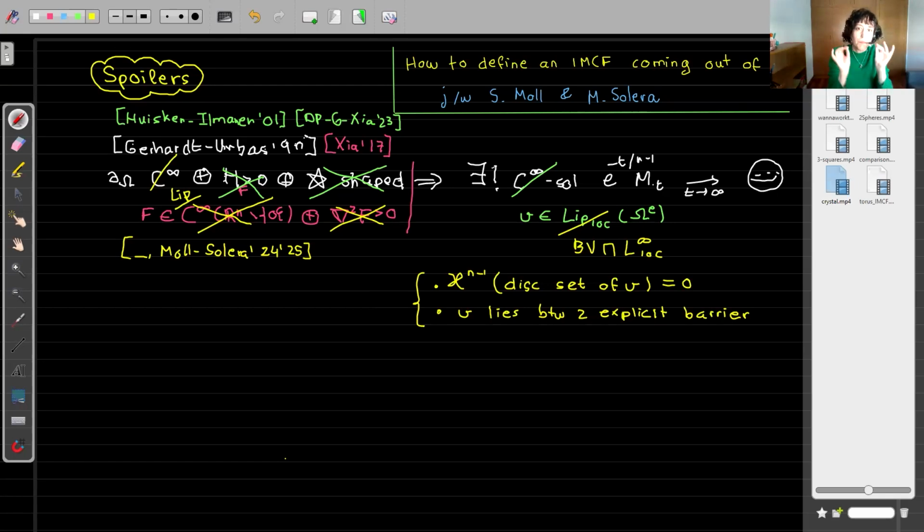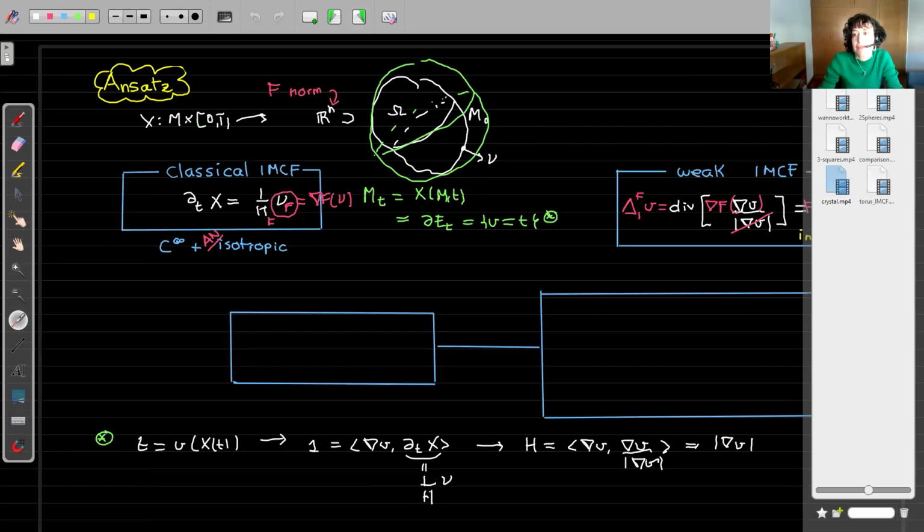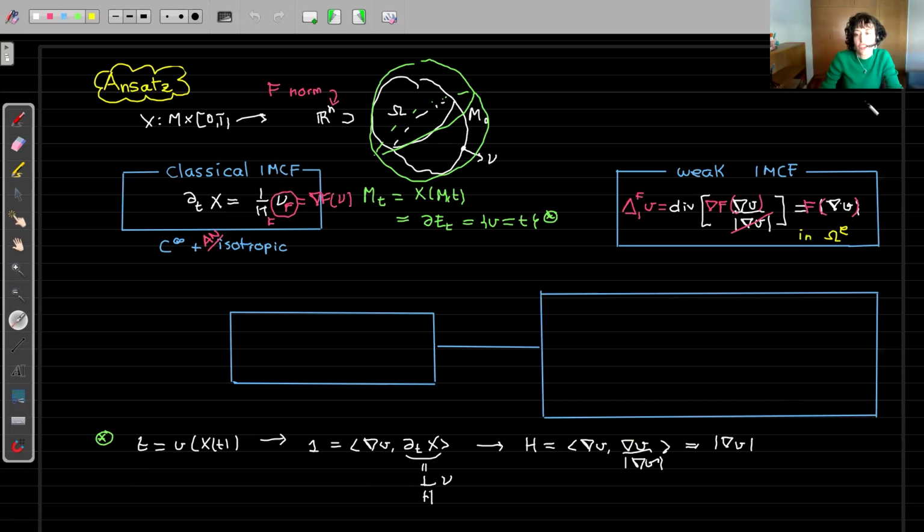But let me point out that the proof and the result are by far not a piece of cake, because as you are not assuming any smoothness on F, the PDE does not even make sense. What the hell is the gradient of F if F has no gradient?